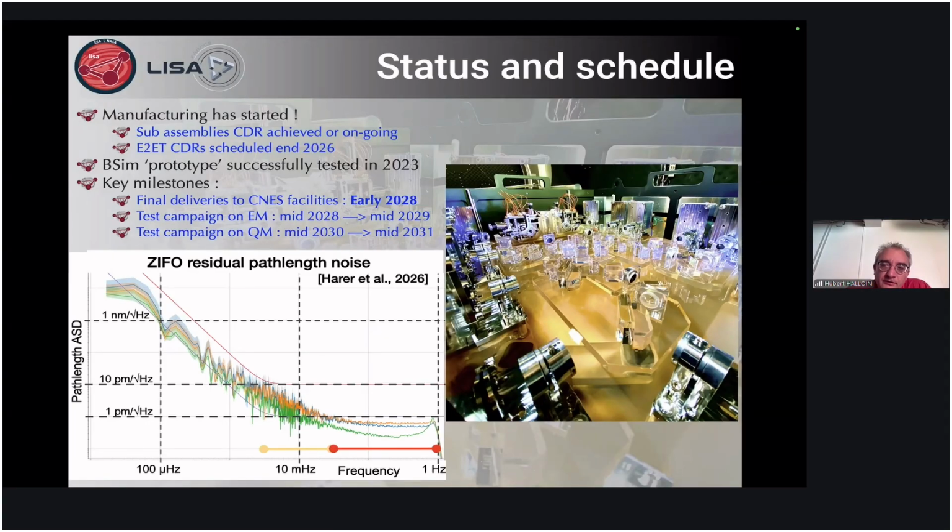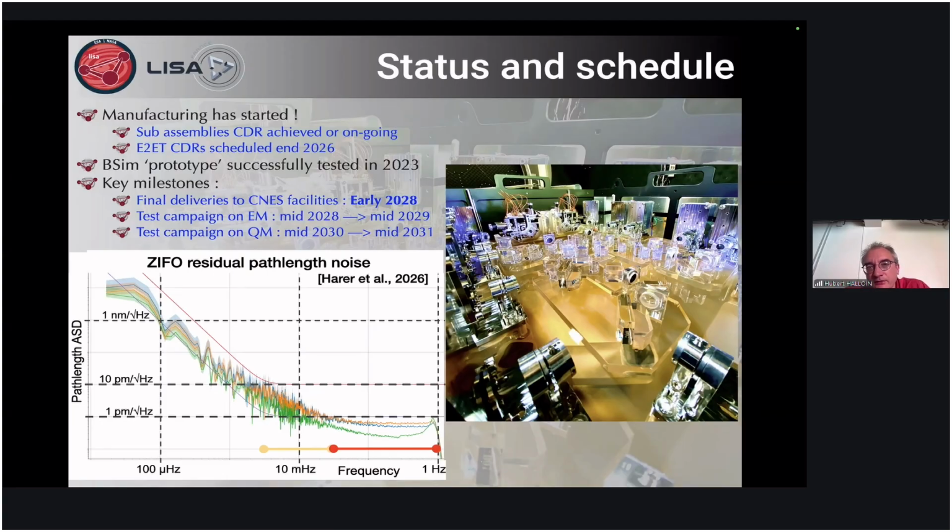Of course, we did not start that development completely from scratch. We had a prototype of, for example, the beam simulator, which was developed in the 2020s and successfully tested in 2023. You have here a small picture of what it looked like.